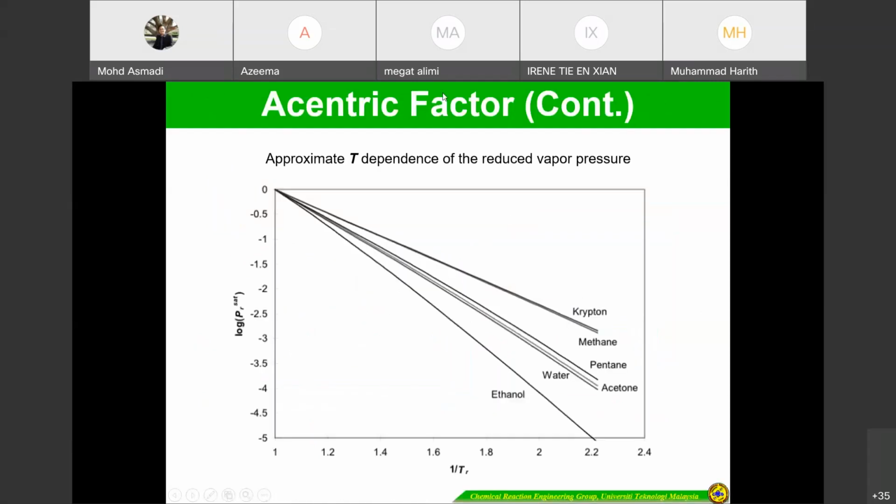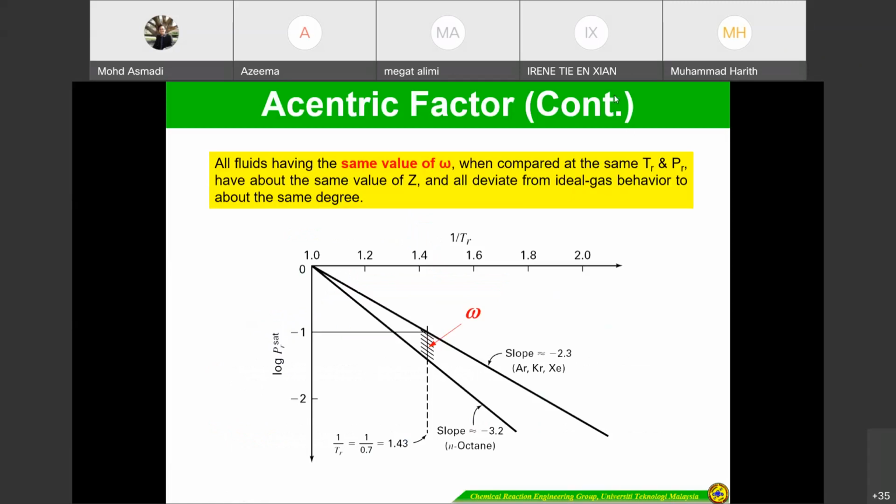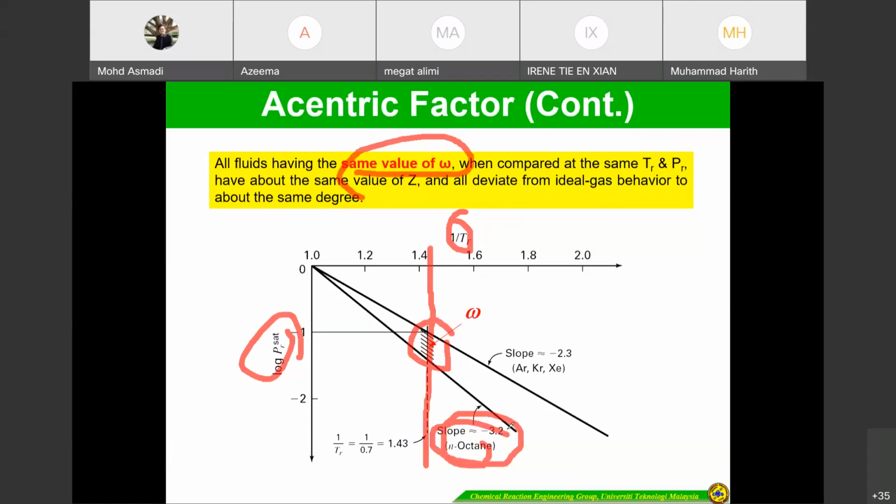Do you see this? Why we use the eccentric factor. If you look, krypton is here, but the others deviate a lot. That's why we need the eccentric factor. So we include the eccentric factor, we compare at reduced temperature and pressure, with the eccentric factor equal to 0 at reduced temperature 0.7. Because if you look at this, at the same value of omega, that's why we need omega, so we can calculate for other components like octane.